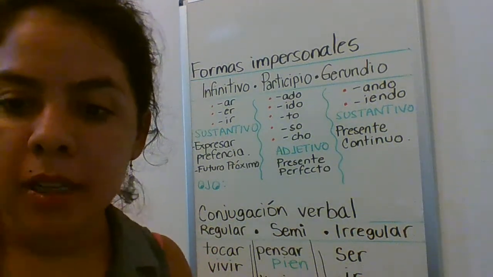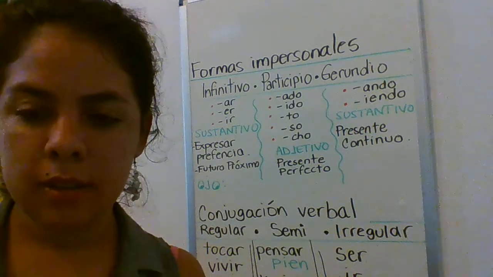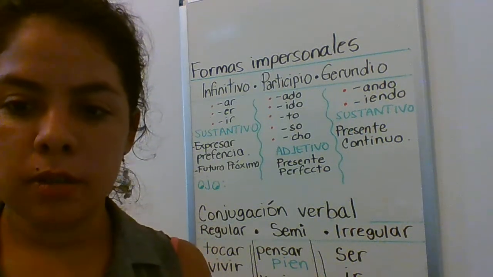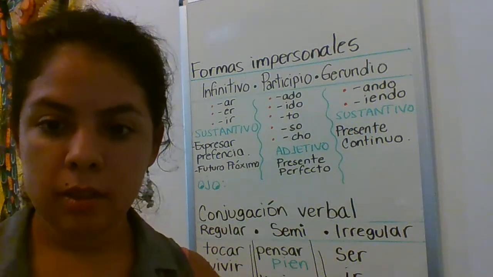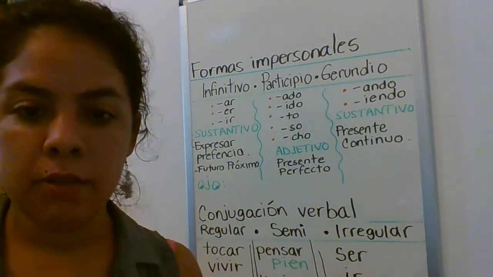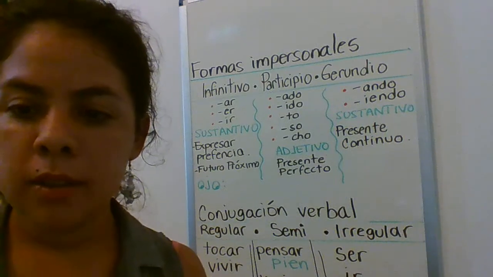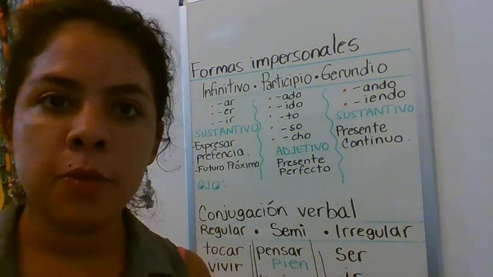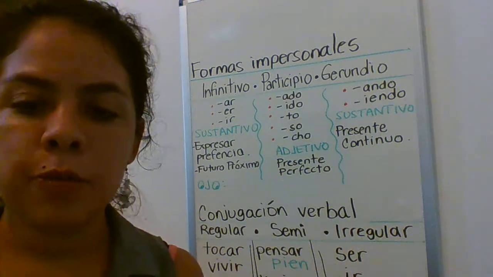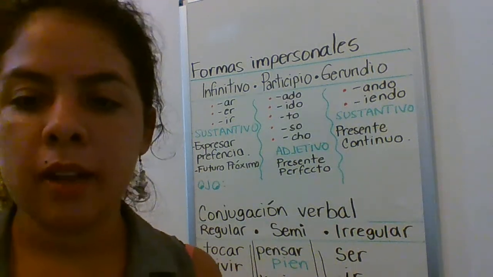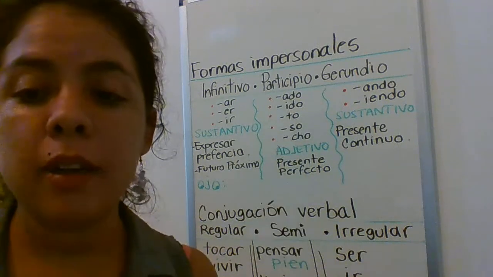So, I wanted to make this video because there seems to be a little bit of confusion with the verbs and all the tenses, because we are already advancing very fast. I wanted to explain some of the different forms we are going to find our verbs in texts or when people speak.